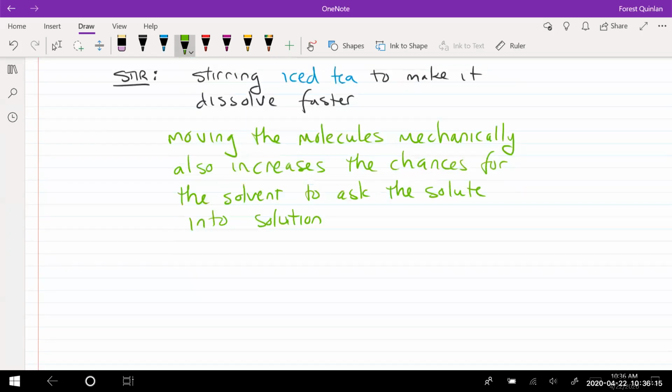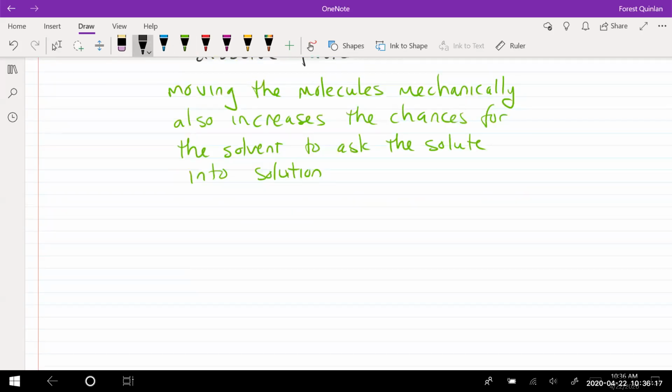Finally, you can grind things up. All right, this is rock salt versus granulated salt.